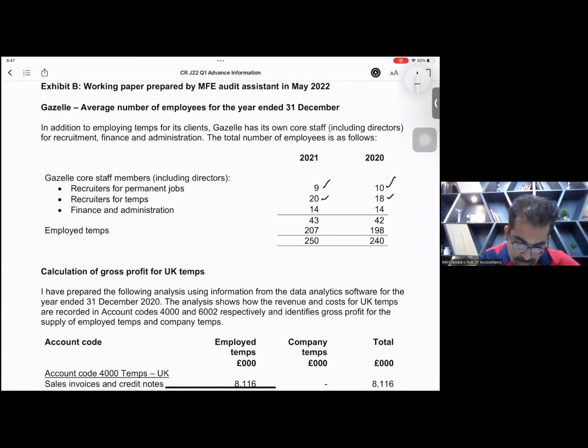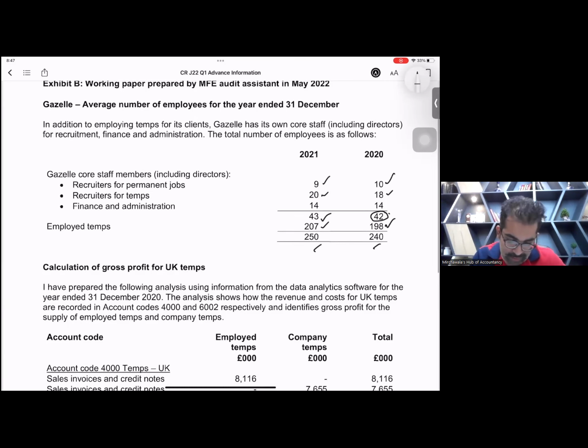Administration, this has been improved. So last year we had a total of 42 of our own employees, and now it's 43. Employed temps, the short-term employees we hired to send to other clients, is 198. Last time it was 207. So the totals are 240 and 250.